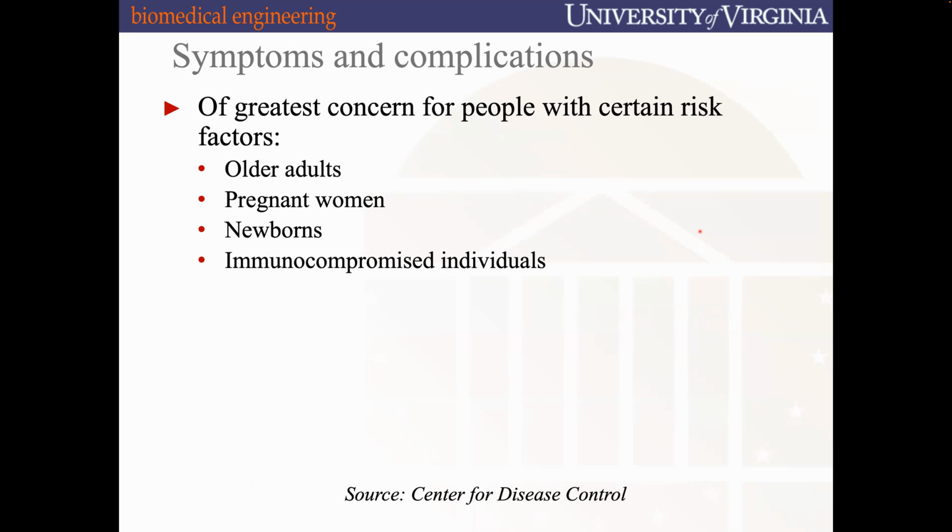These are often people with compromised immune systems, specifically pregnant women, who are very much advised against any exposure to Listeria food poisoning, newborns who still have a developing immune system, and other people with immunocompromised states.